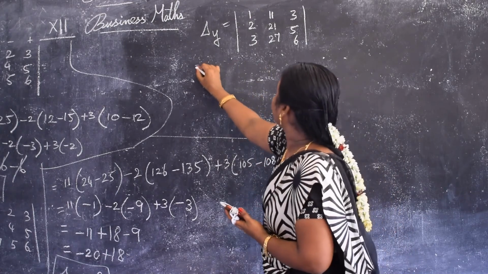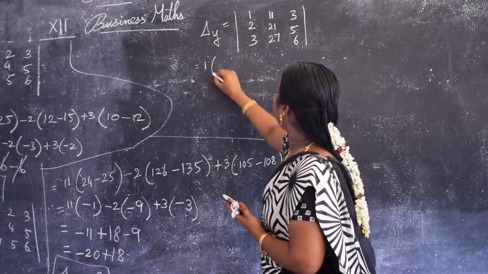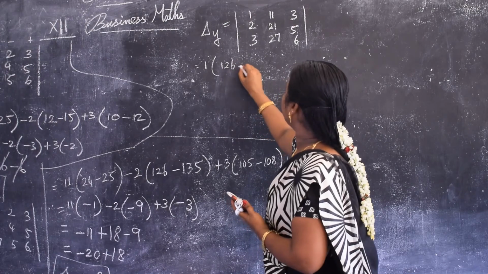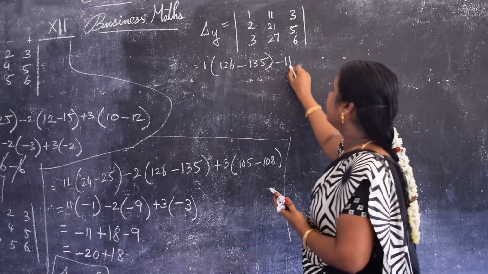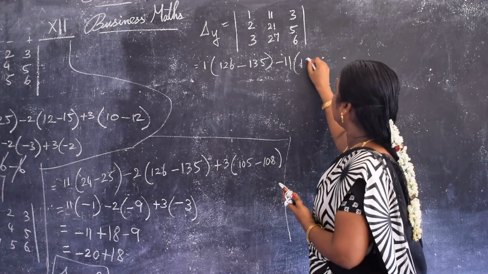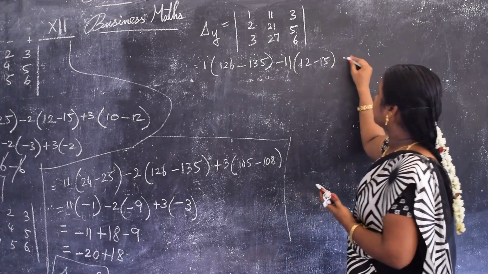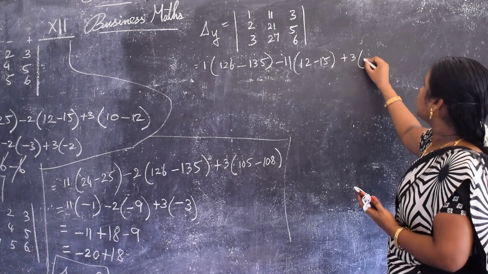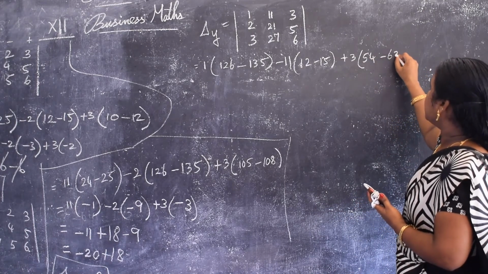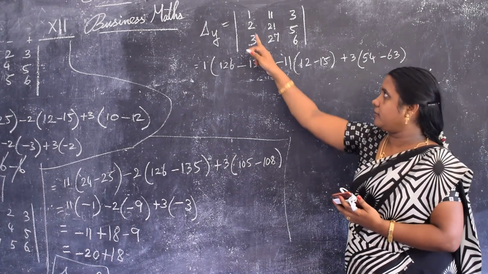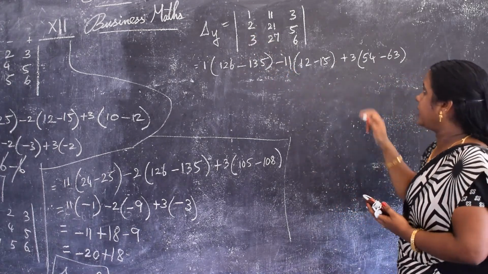Here 1 into, again cross multiply: 126 minus 135. Again minus 11 into 6 2s are 12, 5 3s are 15. Plus 3 into 54 minus 63. Have you understood? Just cross multiply and then subtract.